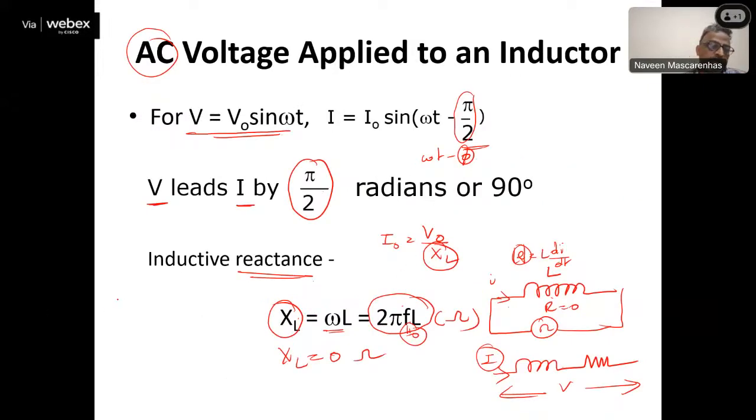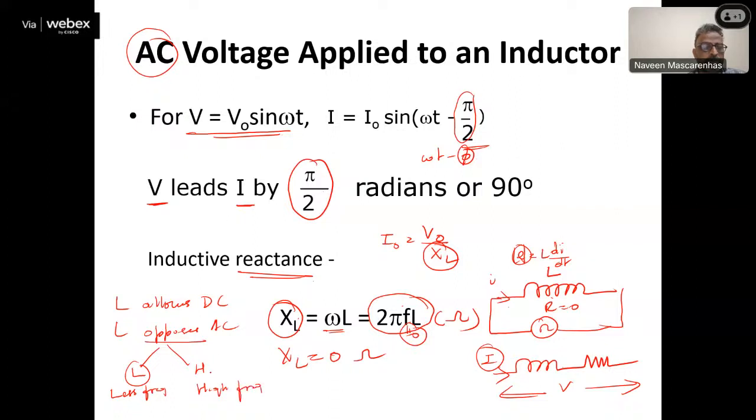Therefore, we say L allows DC, but L opposes AC. The opposition is low for low frequency and high for high frequency, because XL is proportional to f.